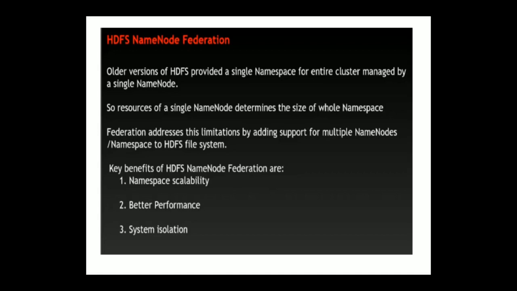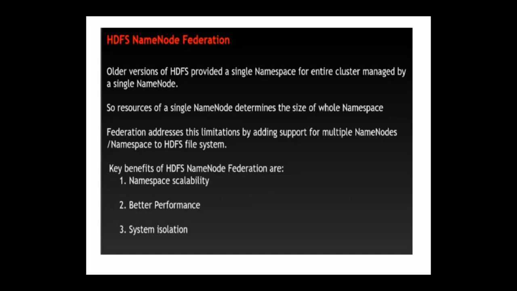The next one is name node federation. In the older version, HDFS provided a single namespace for the entire cluster, which is managed by a single name node. So what happens? The resources of the single name node determine the size of the whole namespace.